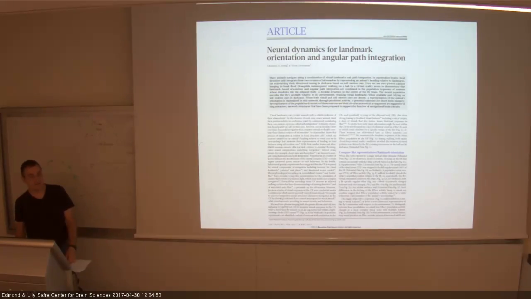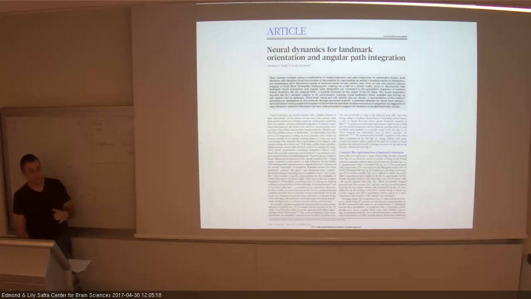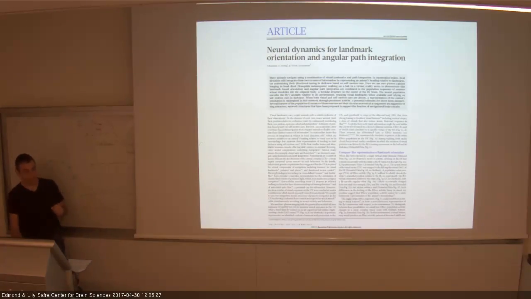But a result, the mathematical result of the bump solution that we discussed, is that in the presence of weak external input, the pattern of activity in the network is almost independent of the... it depends on the orientation of the stimulus, but not on the magnitude or the strength of the stimulus. And this was something that people tried to explain.